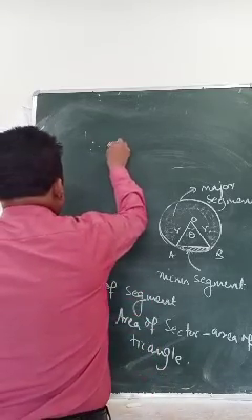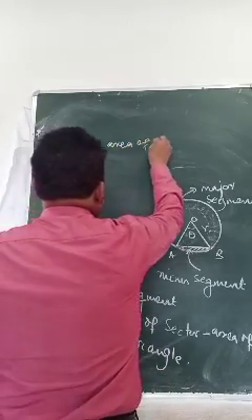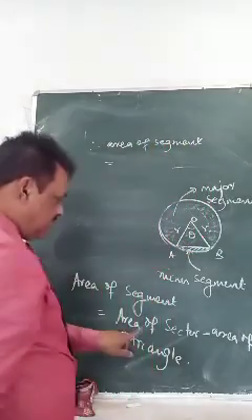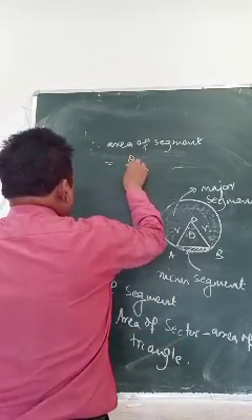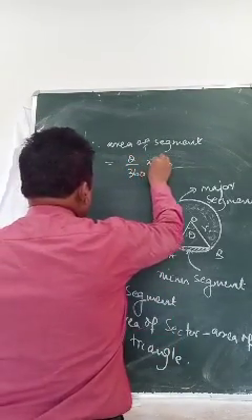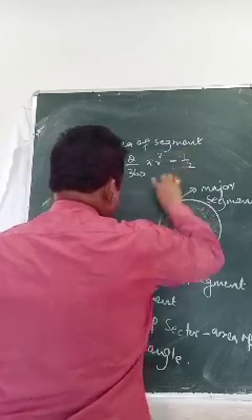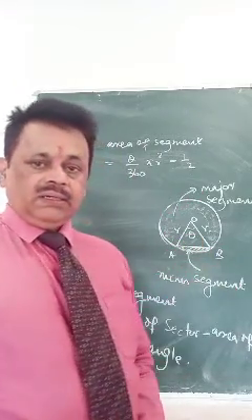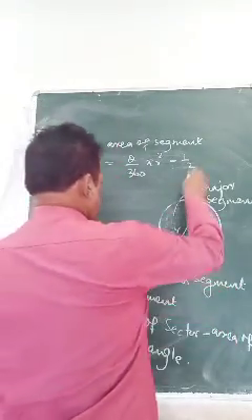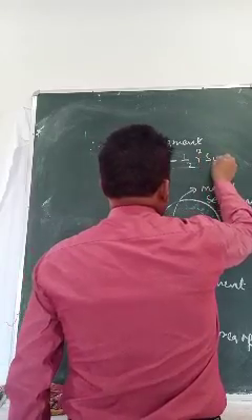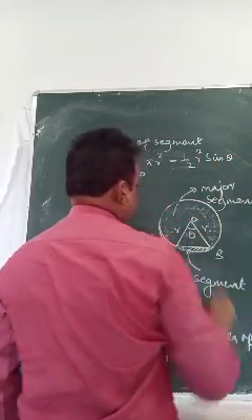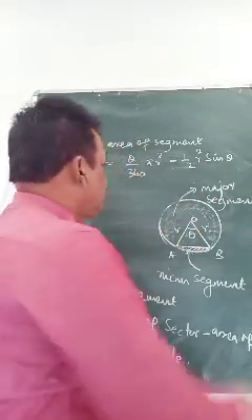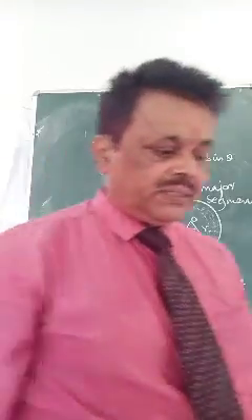Therefore area of segment equals sector, which is theta by 360 pi r square, minus half r square sin theta, because this is an isosceles triangle. I am writing the formula directly, derivation not required. Theta is the central angle, r is the radius. Okay, so with this we can start the problems based on this.